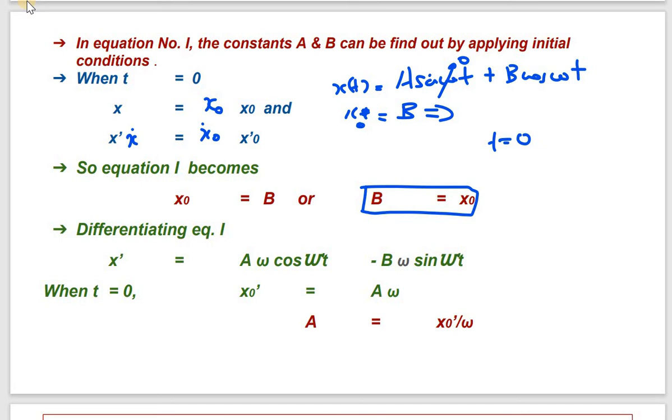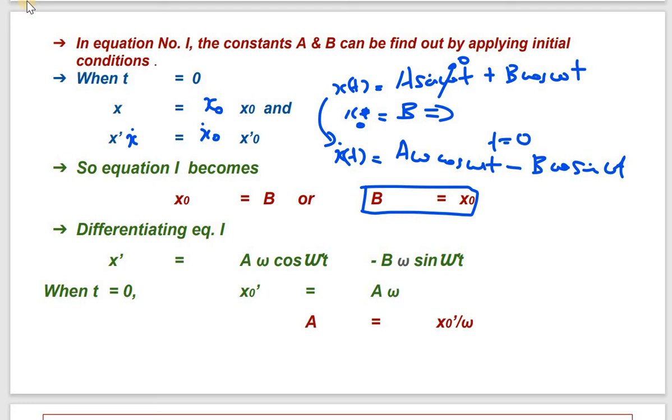Now, next one, we can differentiate. I need to find out a now. So differentiating this one, x dot of t is equal to a omega cos omega t minus b omega sin omega t. That is written here.